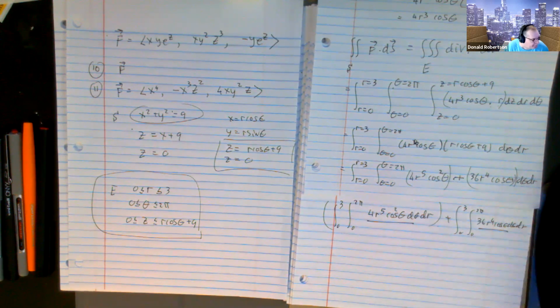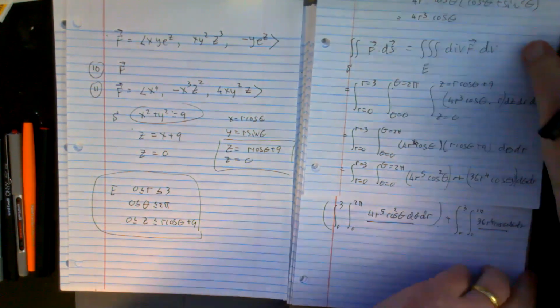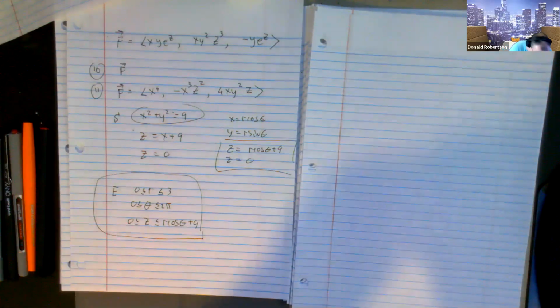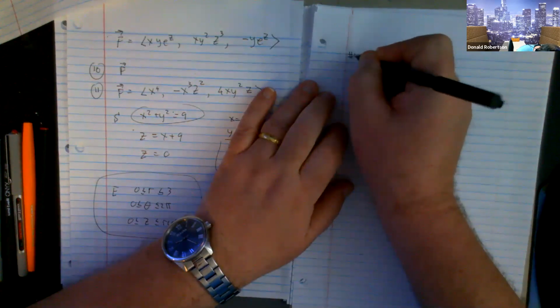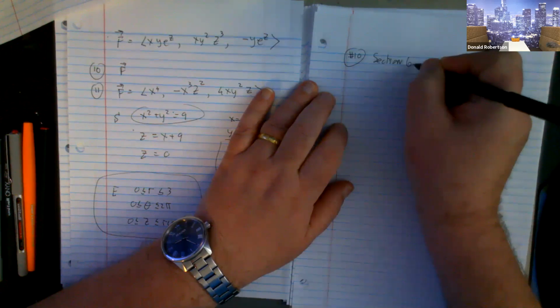What's our next one? It doesn't need to be a specific question. Yes? Can we do question 10 from 6.5? That's an interesting choice. Number 10 from section 6.5. Is that a short question, or will I have to go looking for it?